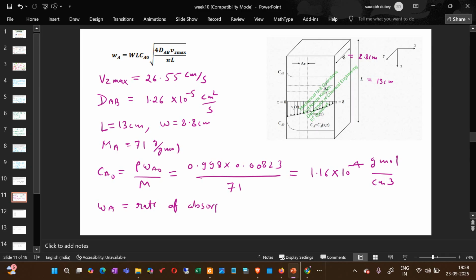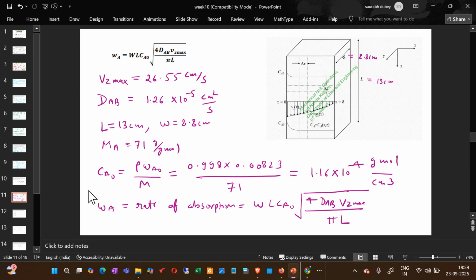It will be W times L times CA naught times the square root of 4 DAB VZ max divided by pi L, right?